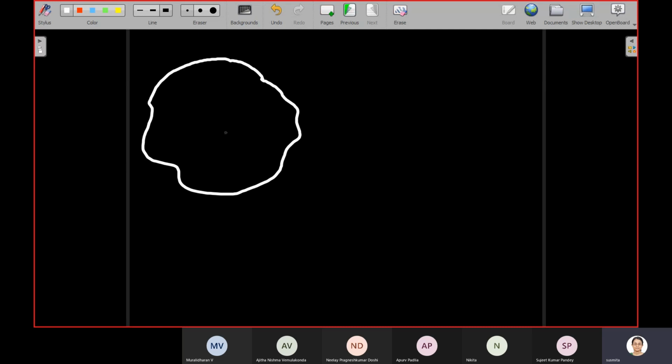So if the shape of the fluid body originally was like this, then there will be movements of fluid particles on the surface, until all the fluid particles are at the same gravitational potential, right?